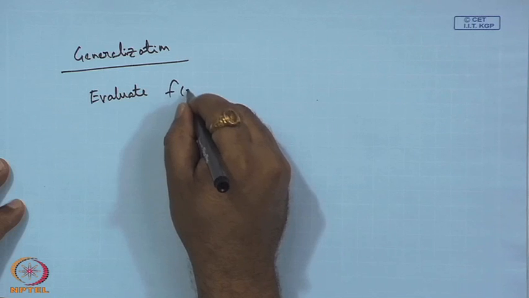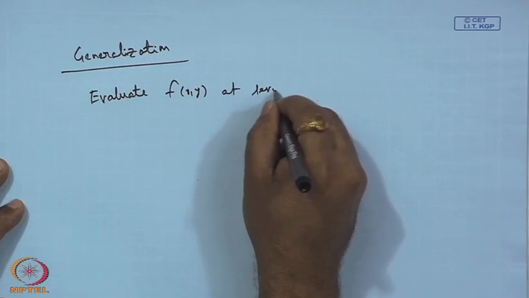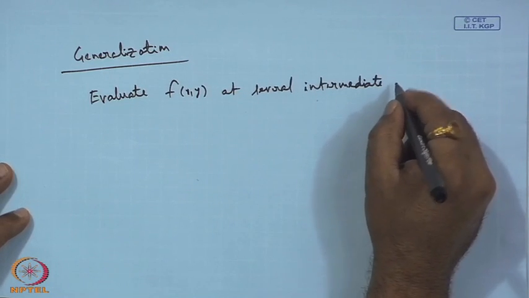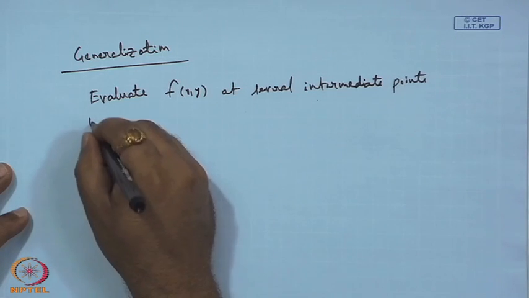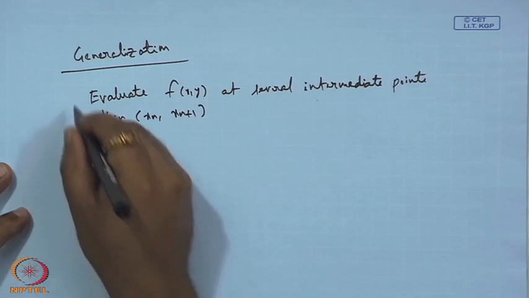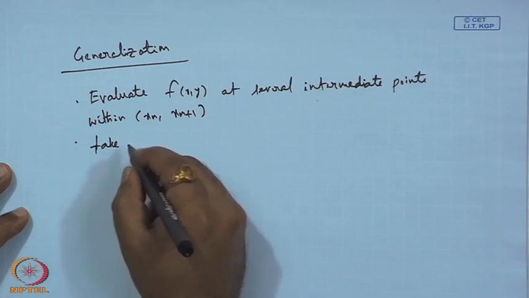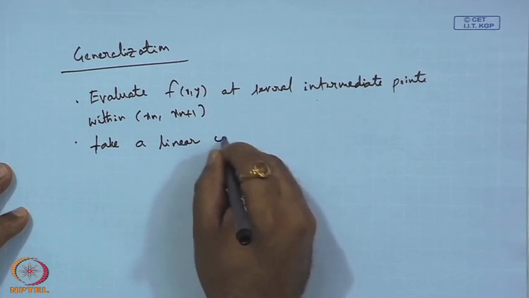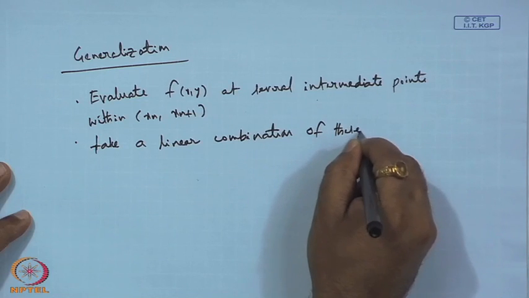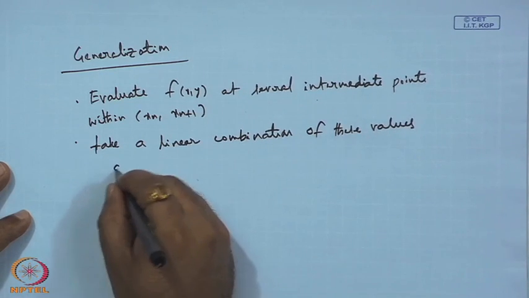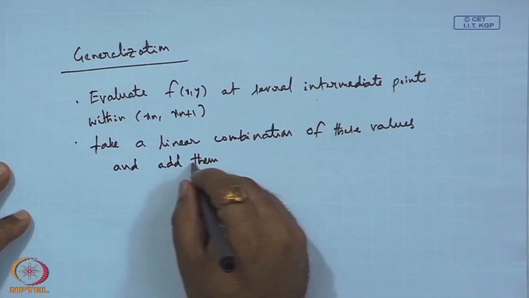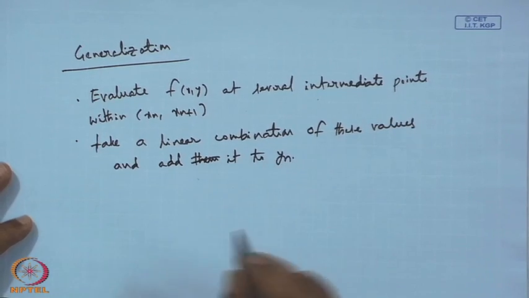Evaluate f of x, y at several intermediate points within, then take a linear combination of these values and add it to y n.